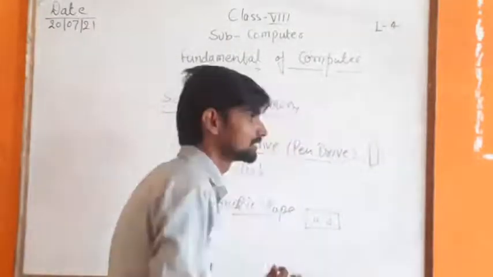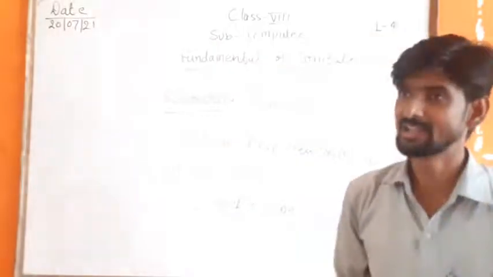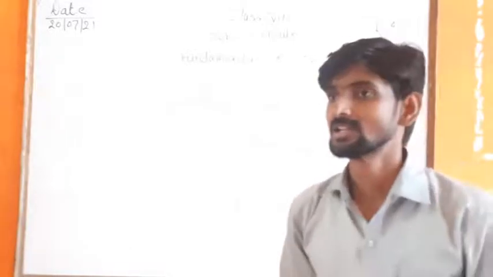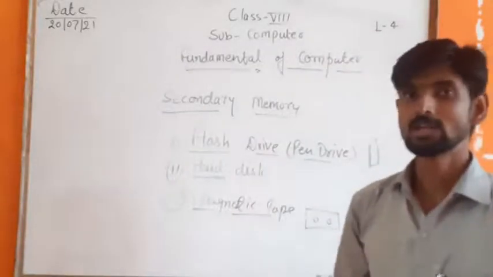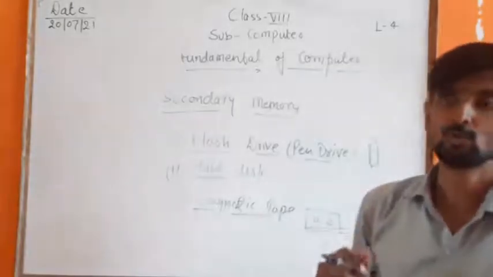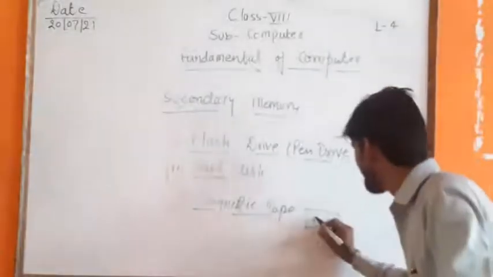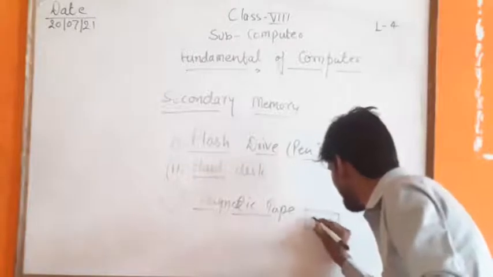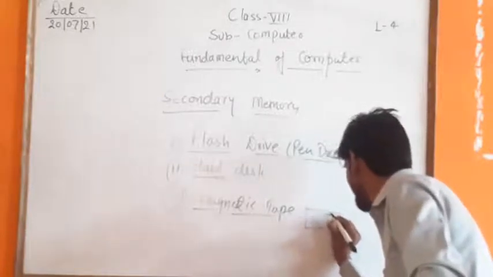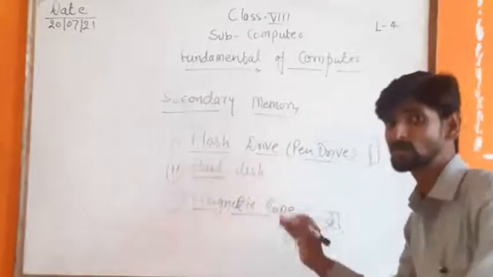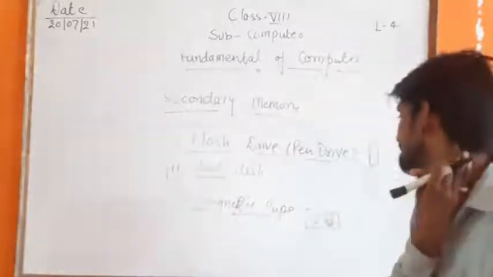I told you that on the basis of access, we categorize our memory into two parts: the random access and the sequential access. This magnetic tape has a magnetic ribbon rounded here and connected to the second wheel. That is the magnetic tape, [used in old tape recorders].